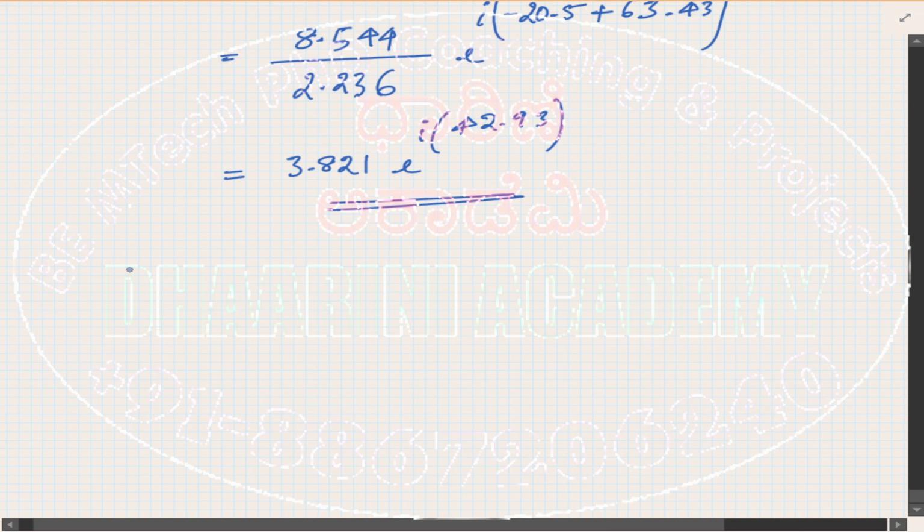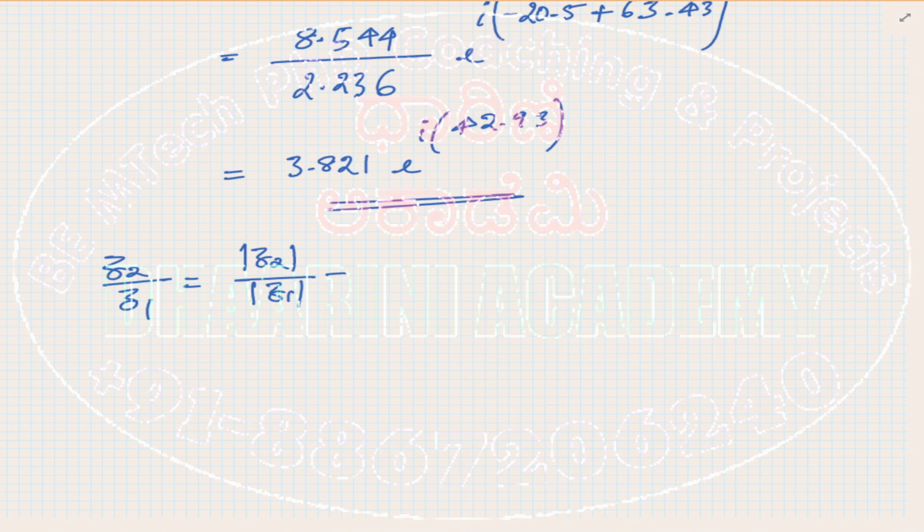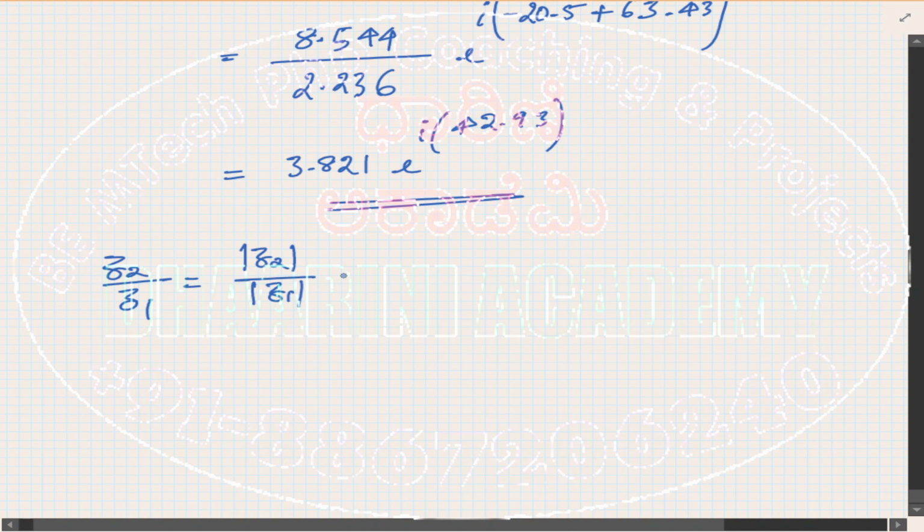Then the question also asks to calculate Z2 by Z1. This is magnitude Z2 by magnitude Z1 into e to the power i times (theta 2 minus theta 1). So that is minus 63.43 for theta 2, minus of minus is plus 20.5.